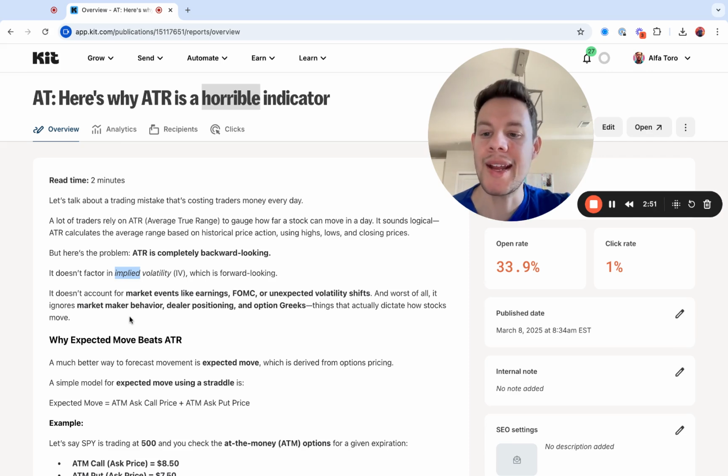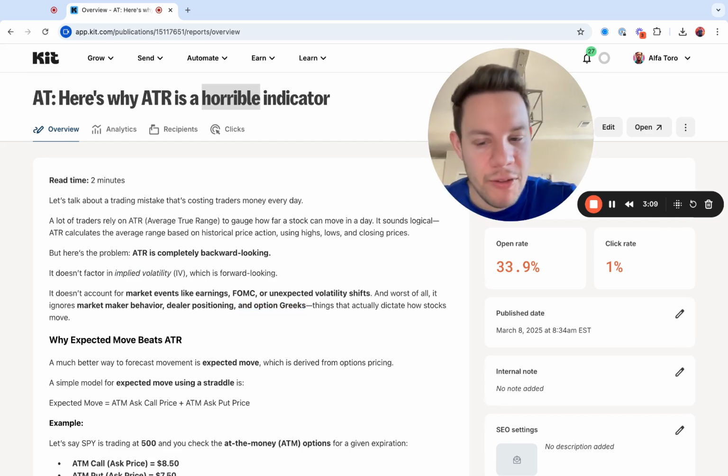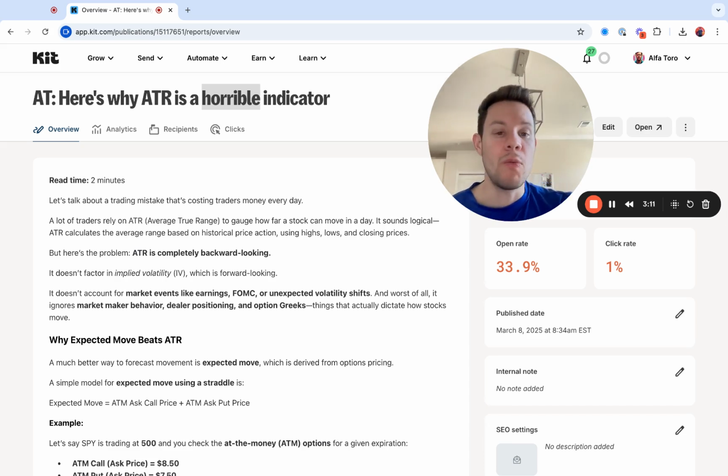And worst of all, it ignores market maker behavior, dealer positioning, and option Greeks, things that actually dictate how stocks move. This has a big effect. Option premiums have a big say in how the market is going to react. Where are the key levels? Where are true support and resistance levels? Where is implied volatility in the market?